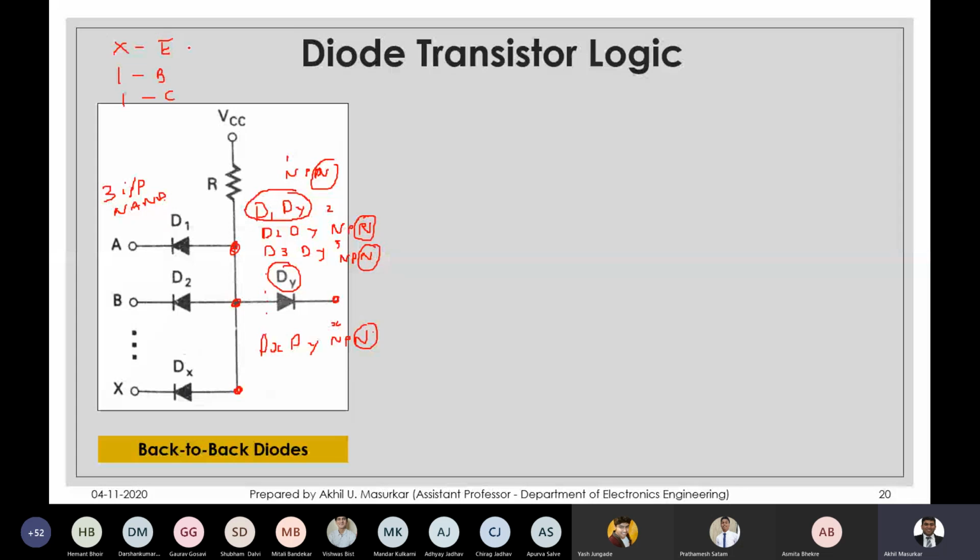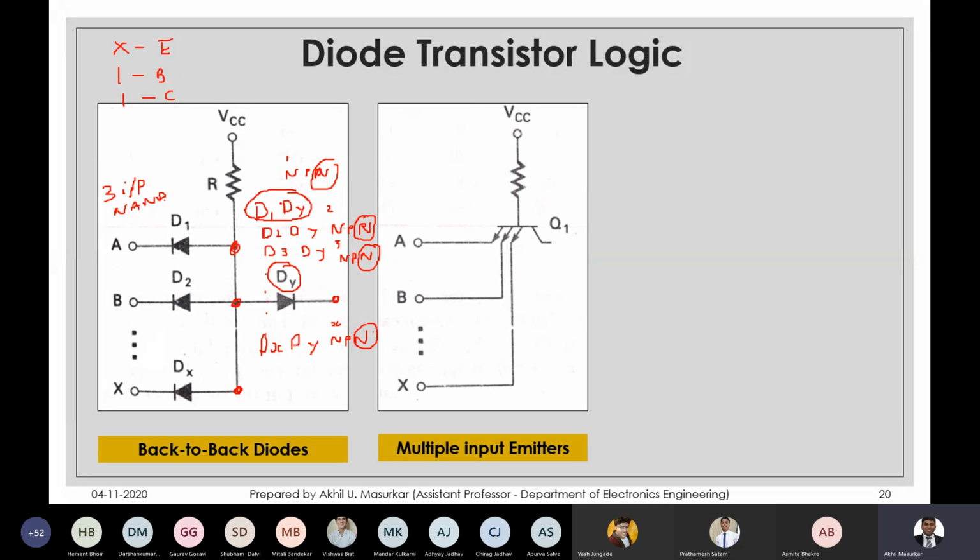That gives rise to such a circuit. So this is a multiple emitter input BJT.